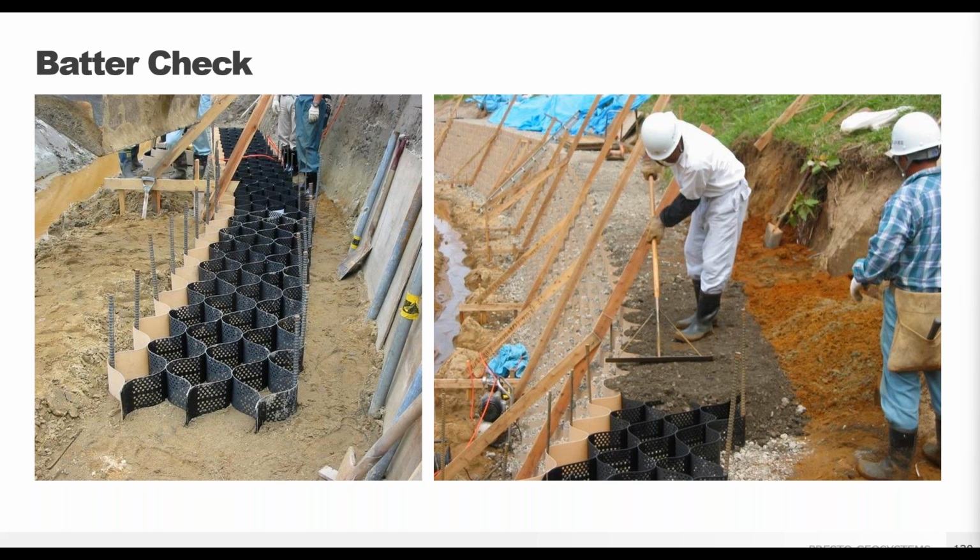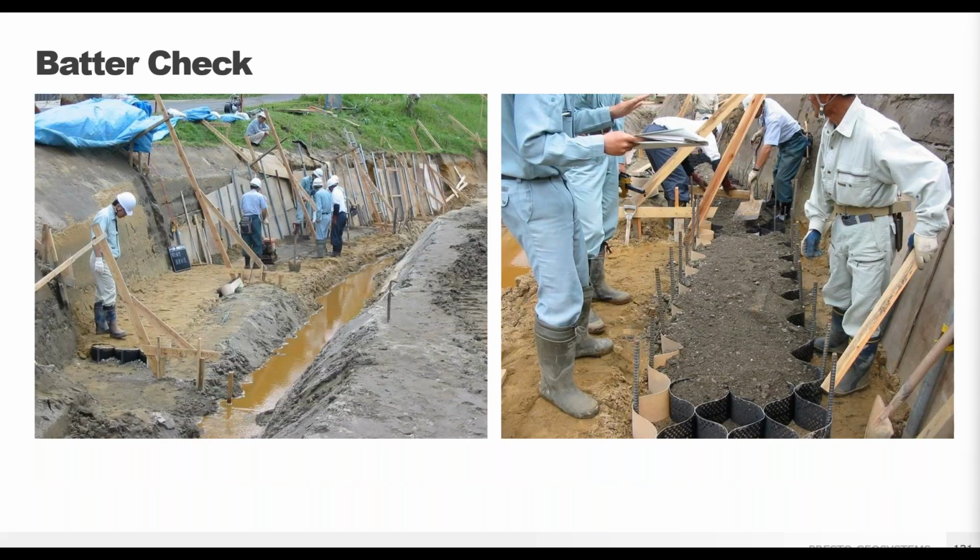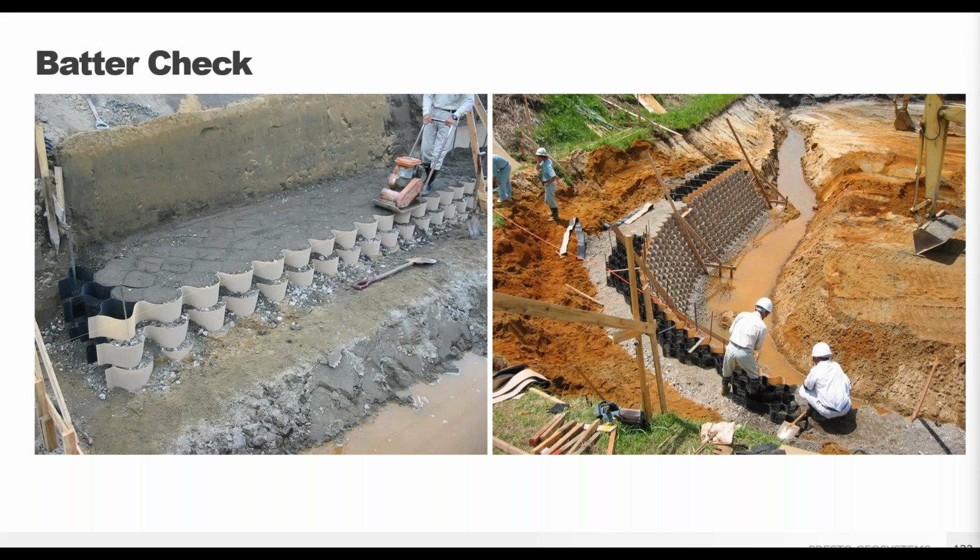And another technique best practice and pro tip is to check your wall batter as you build. Here we see the construction in process with batter check stations along the way. No problem with compaction or around curves.